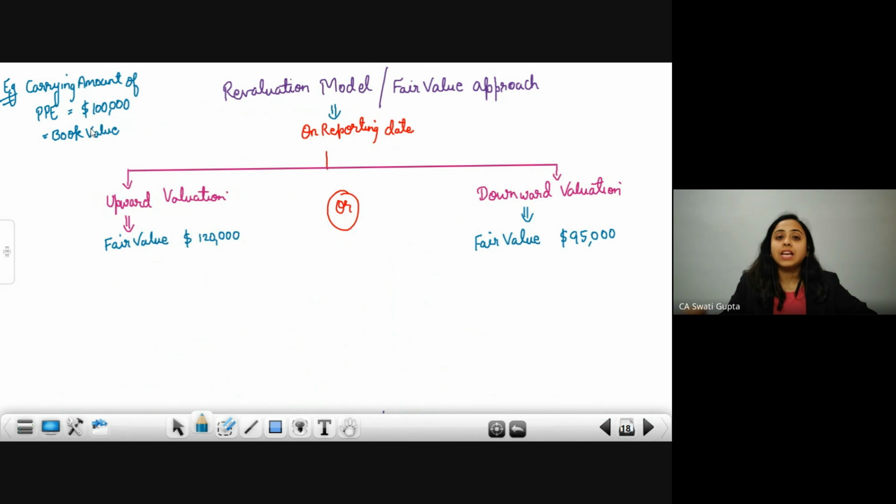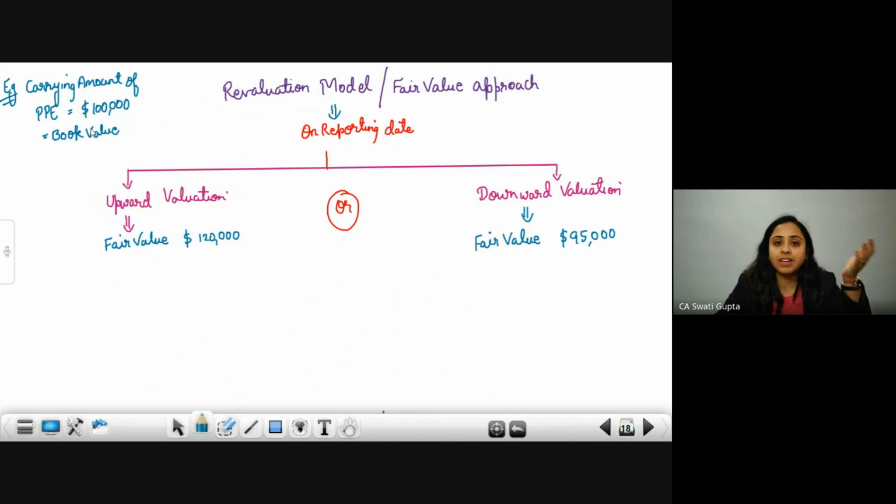Now, if you're doing fair valuation, and your asset is of 1 lakh, either it will be equal to 1 lakh, or more than 1 lakh, or less than 1 lakh. Got it? Either the value will be exactly the same as the book value, or it might differ, in the upward way or in the downward way.